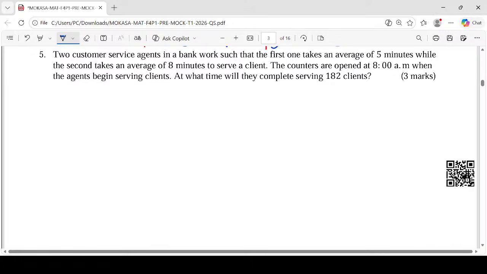So you have to pick it this way. We can have two approaches to this particular question. Let's get the fraction of the clients served in 1 minute.